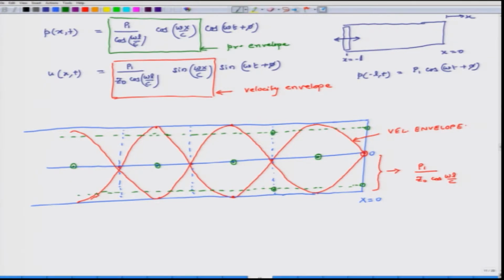So, these are the points of its extrema. Okay. So, we will draw this.